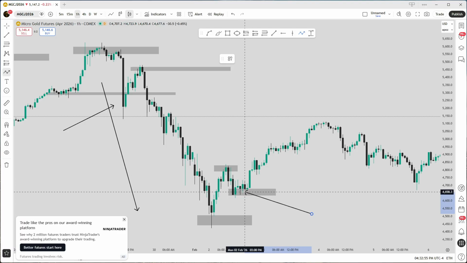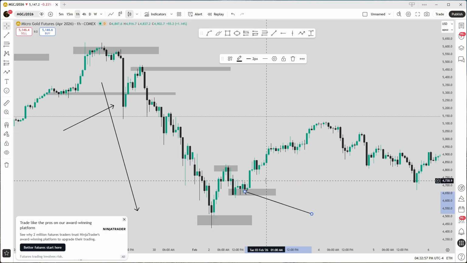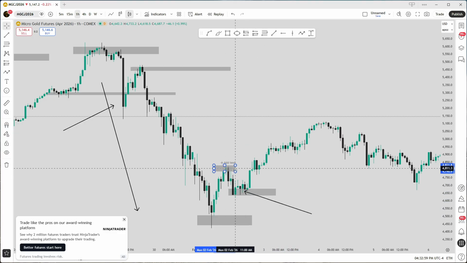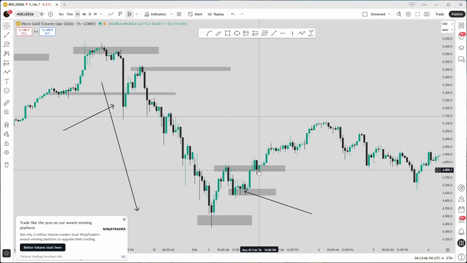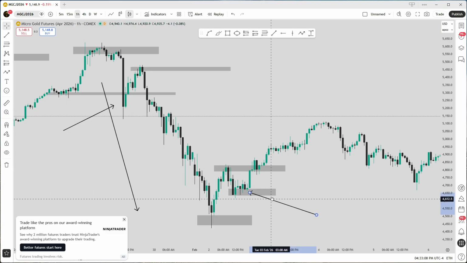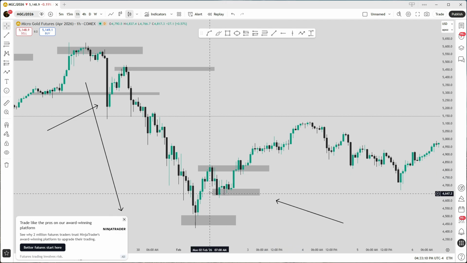No, that's just the first sign. This was the last high, so to place a buy, you need price to create a higher high and a higher low. You get me? So this is the last low, and this high is higher than this previous high.